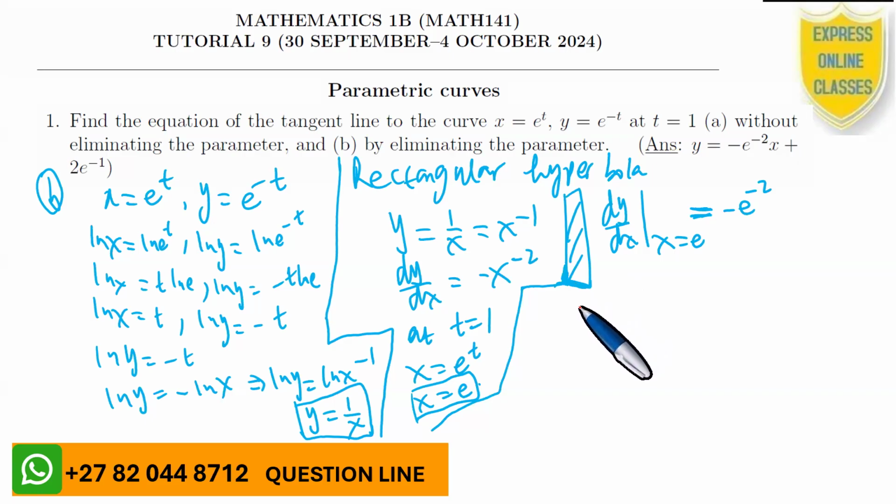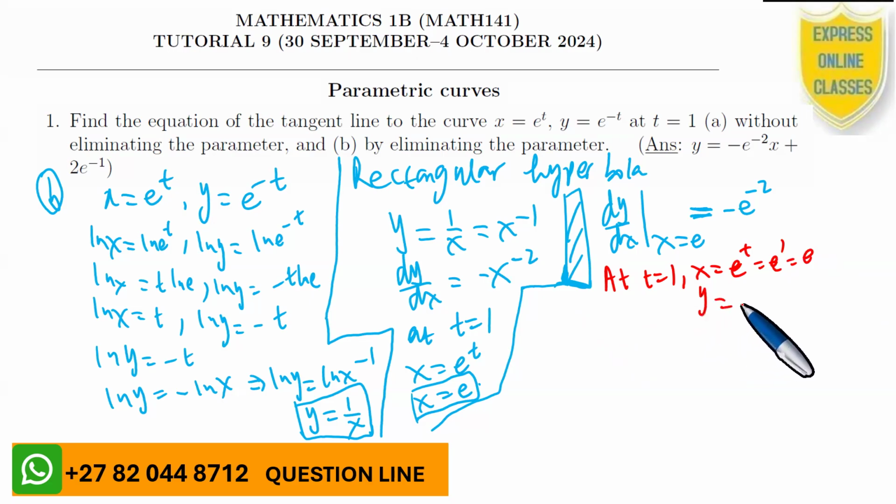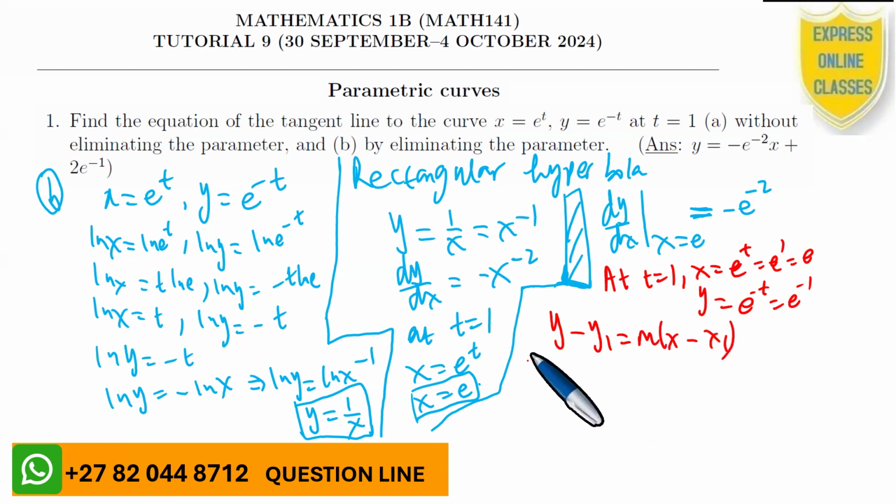So simultaneously, at t equals 1, x is e to the power t, which is e to the power 1, which is e. Y is e to the minus t, which is e to the minus 1. Which means you have y minus y1 is m times x minus x1.